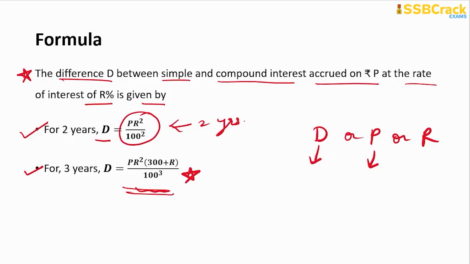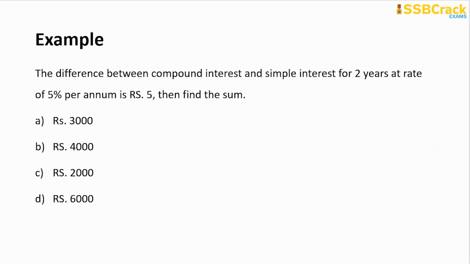That time they will give you in the question only the difference between SI and CI. Alright, and similarly giving difference, giving principal, they will ask you to calculate the rate of interest. Because you could see in the overall formula there are 3 parameters D, P, R, 3 variables. So 2 variable values they will give, another third variable they will ask you. Very clear to you. So let's then move on with an example based upon this particular formula.